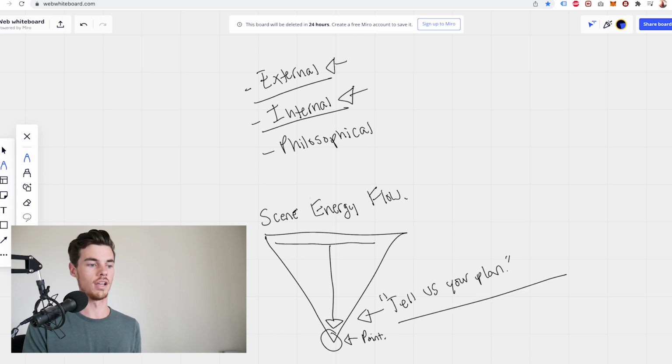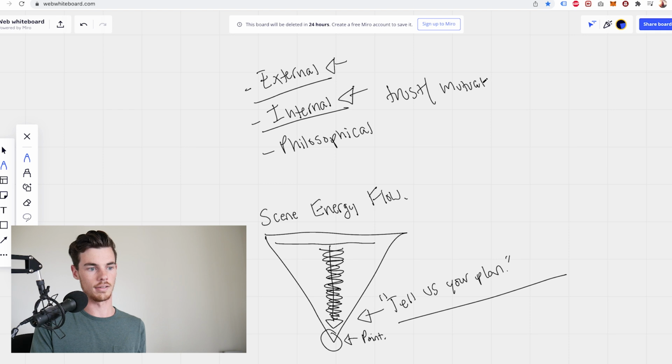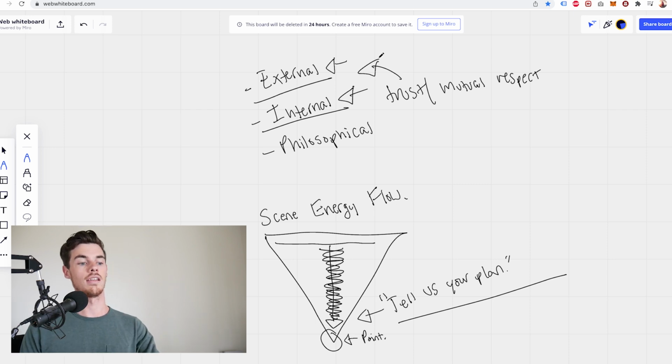We get to the end of it. Everything that was getting us there, all this time right here, this was, can I trust you, right? Do we have mutual respect, right? Understanding how these play into the external conflict is what sets up the characters and builds this strong scene here, right?